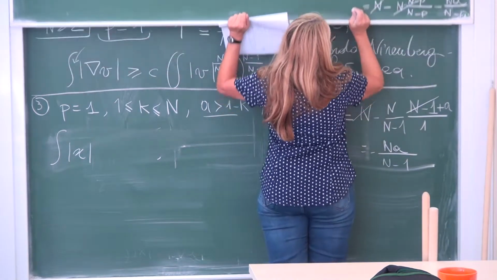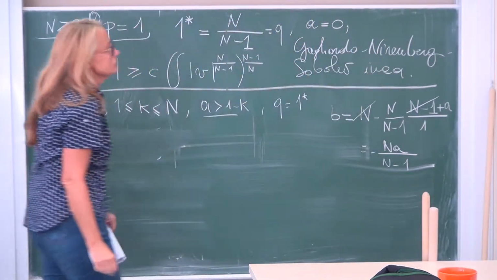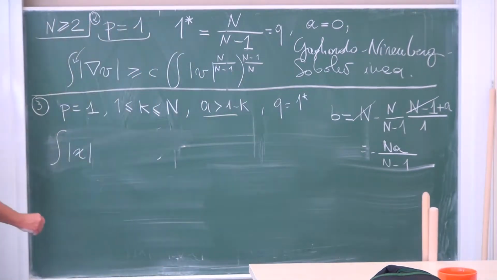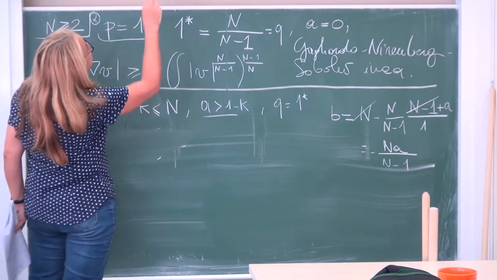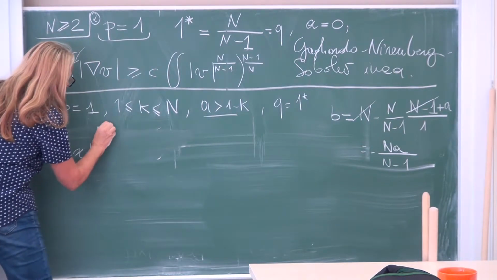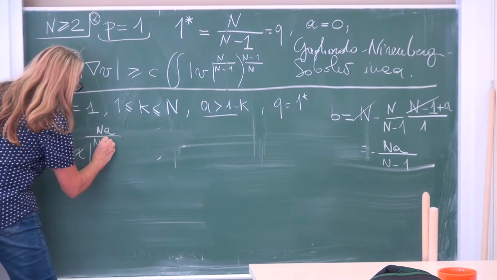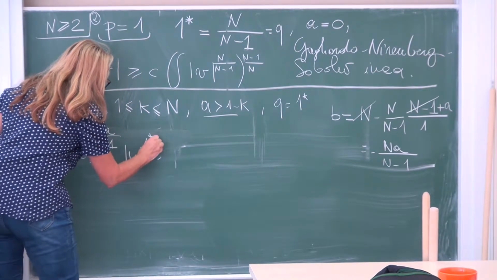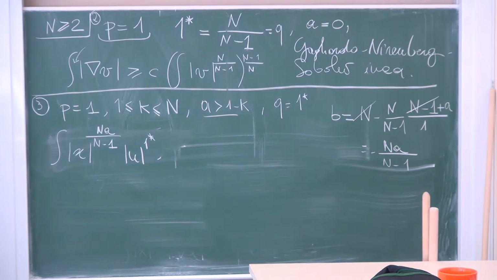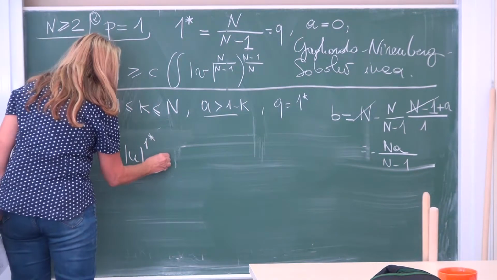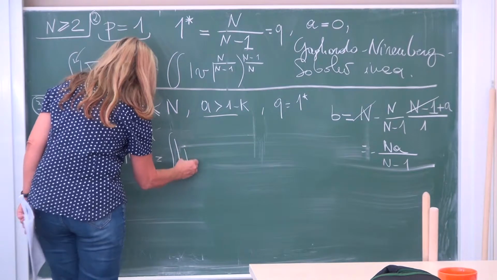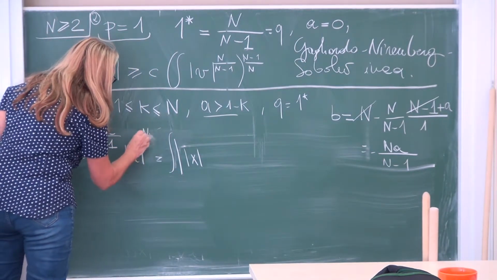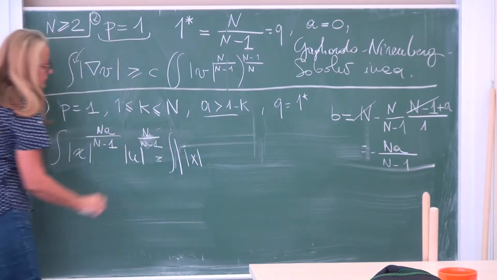In particular, B is 0 if A is 0. Sorry. And now we have NA over N minus 1. So we have minus B there, so we have NA over N minus 1, which is minus B for U in the critical case, 1 star, N over N minus 1. We write it as the norm of X. Let me write N over N minus 1, which is 1 star.